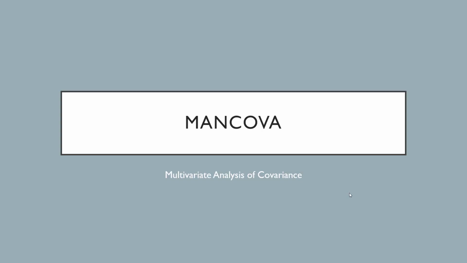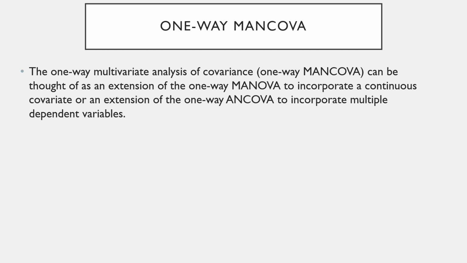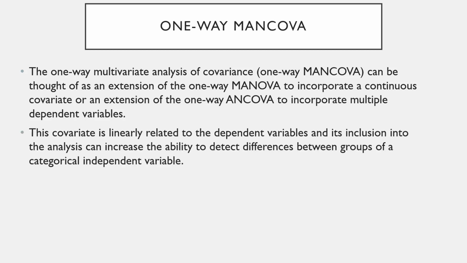So multivariate analysis of covariance, or MANCOVA, is just like ANCOVA, but with 2 dependent variables. The one-way multivariate analysis of covariance, one-way MANCOVA, can be thought of as an extension of the one-way MANOVA to incorporate a continuous covariate, or an extension of the one-way ANCOVA to incorporate multiple dependent variables.